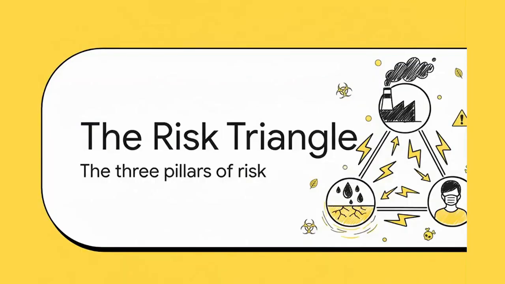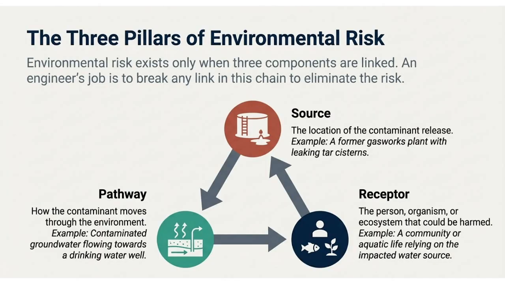Okay, over here we need to understand a triangle, what is regarded as the risk triangle. In the risk triangle there are three important parameters. First is the source, second is the pathway, and third is the receptor. Source is basically the source of contamination. Pathway means, say for example, there is a nuclear site.